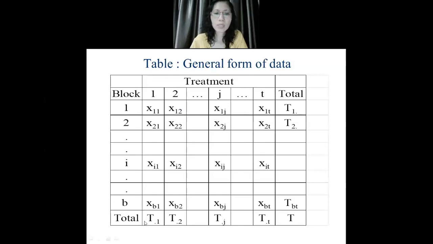And we use the totals here. Total for treatment number 1, you add up these data and it gives you T dot 1. Each of these is called Xij, where I refers to the treatment and J refers to the block.